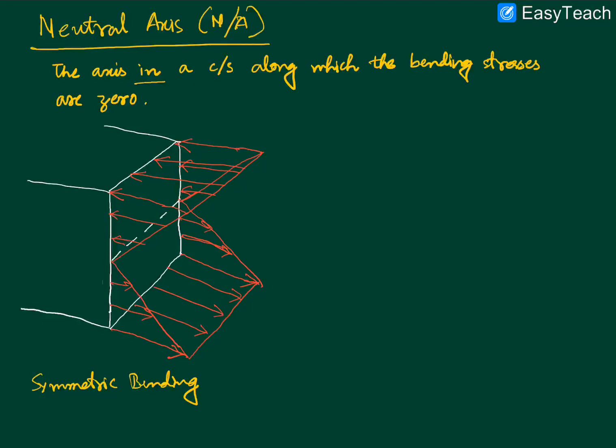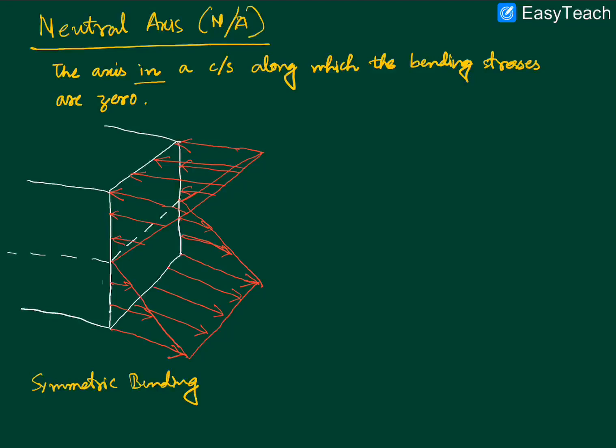Some textbooks denote the neutral axis to be something like this. When you are looking at the beam from the front, the projection of this neutral axis, as you consider different cross sections along the length of the beam, is what they refer to as the neutral axis.